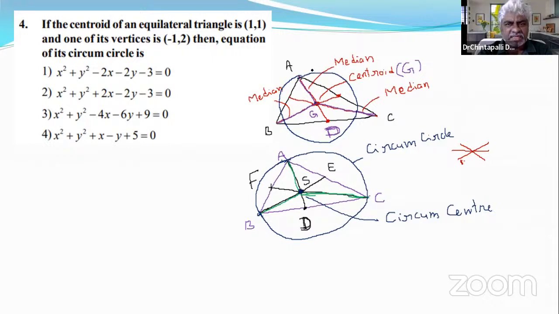Clearly, this is not a circumcircle, because the circle is not covering B and C. It covers only one or two vertices. It doesn't cover all three vertices. That's why it is not a circumcircle.